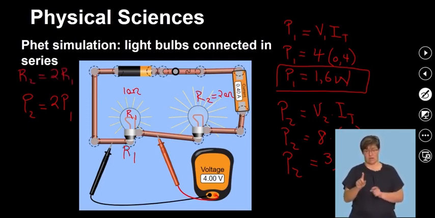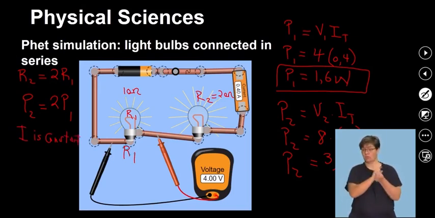So if this is a series circuit, current is constant. The only thing that changes the value of the power is the resistance, in that proportion. As a result, R2 glows brighter than R1.